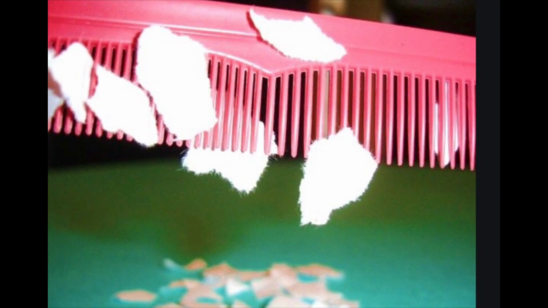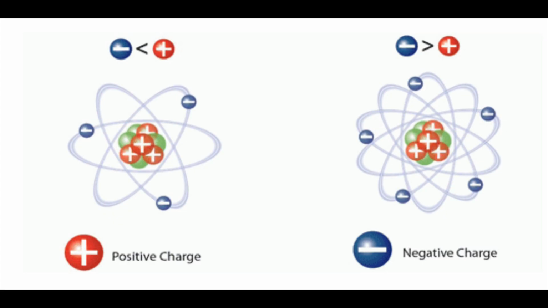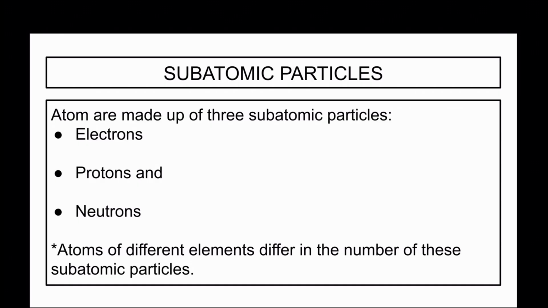When you comb your hair, the comb attracts bits of paper, which indicates that there are subatomic particles inside the atom. These subatomic particles are electrons, protons, and neutrons.